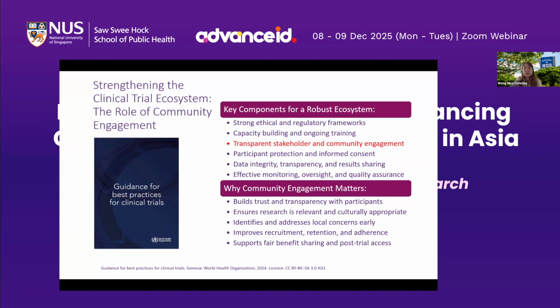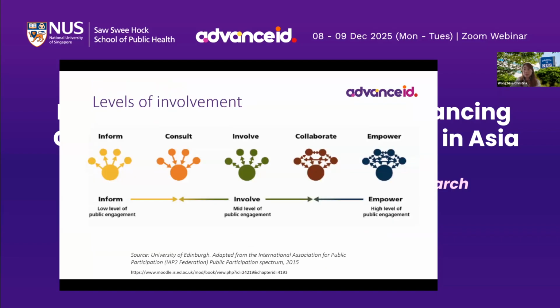By involving local stakeholders early and throughout the trial process, we ensure the research is relevant, culturally sensitive, and addresses community priorities and concerns. This collaboration helps identify potential challenges or misconceptions before they become barriers, leading to improved recruitment, retention, and adherence among trial participants.